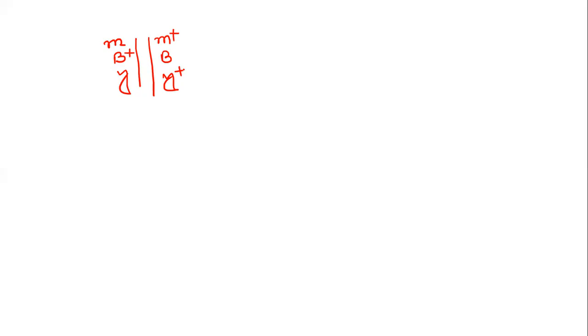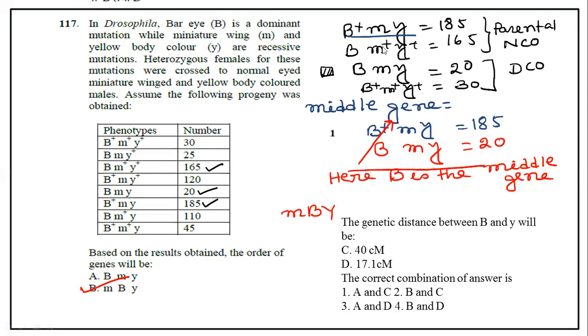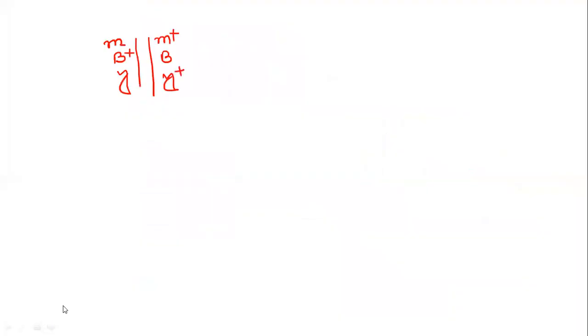Just arrange according to the middle gene, so the middle gene is B. So M plus B Y plus, and another is M B plus Y. Right? See that combination? These two are the highest numbers: M plus B Y plus and M B plus Y.